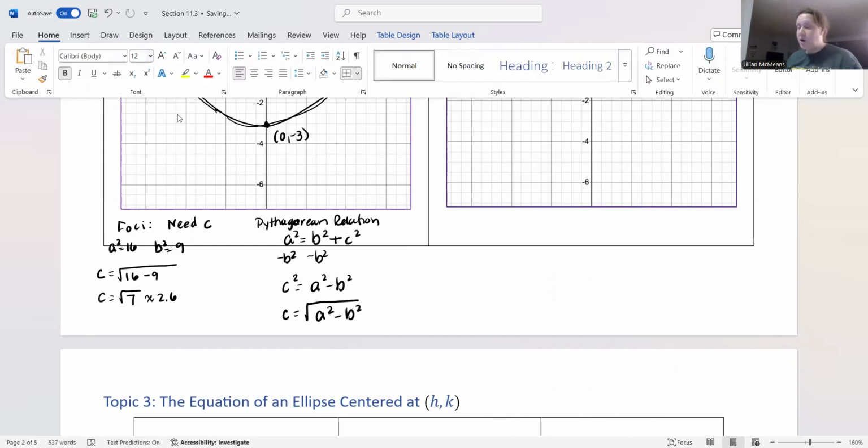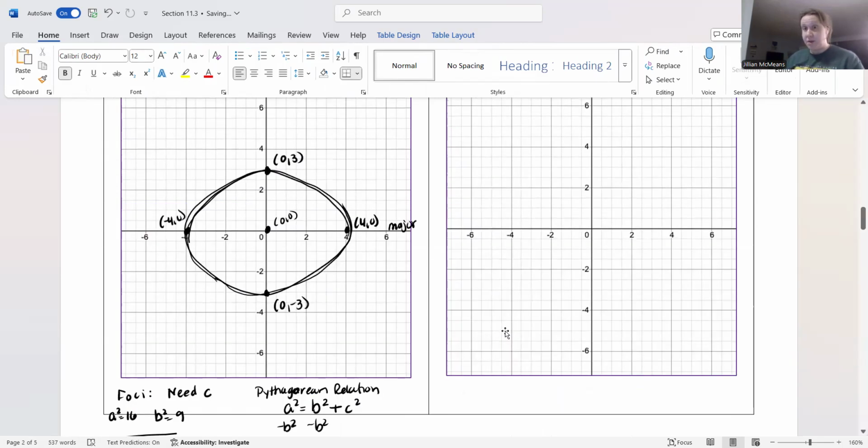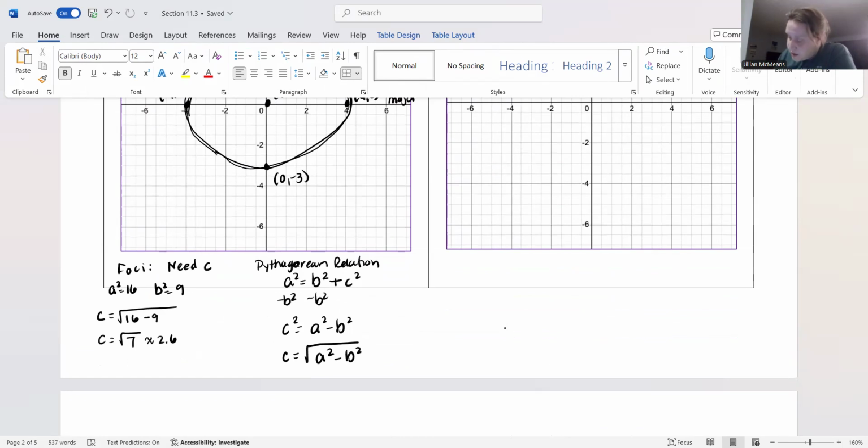All right. So we know that from the center to either of the focus points is going to be c units away. Well, we know that c is plus or minus the square root of 7, so it's plus or minus 2.6. So if my origin is 0, 0, to go left or to go right, that's going to impact my x's.